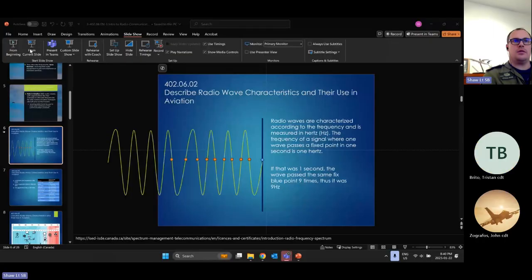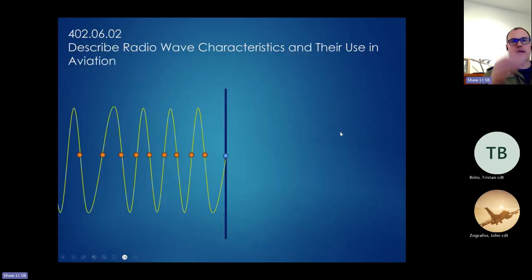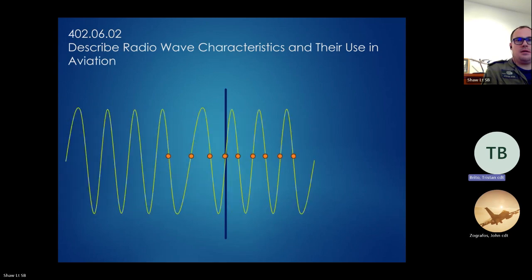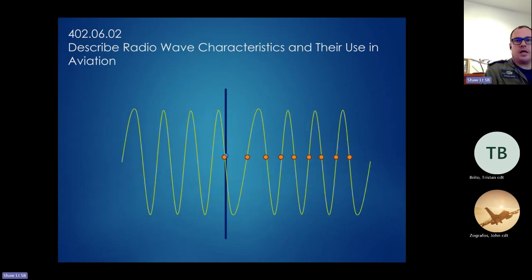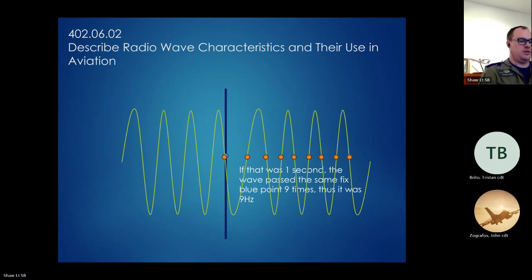You wanted, let's see, this one. Is it this one or a different one? It was this one and a few other slides. Okay, so this is talking about hertz, how we measure frequency. I have this page.